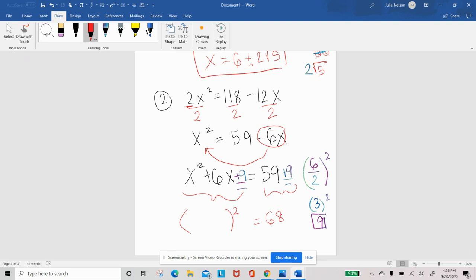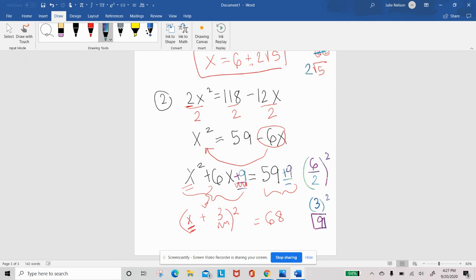So pause for a second. So hopefully you realize that x squared is x times x, and 9 is 3 times 3. Because there's a plus in the middle, I also have to have a plus in the middle.